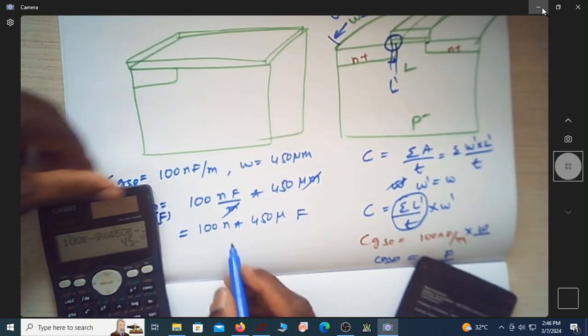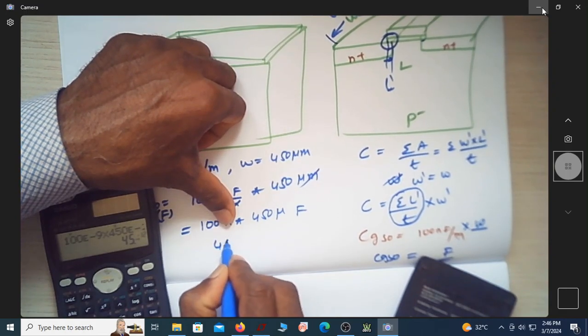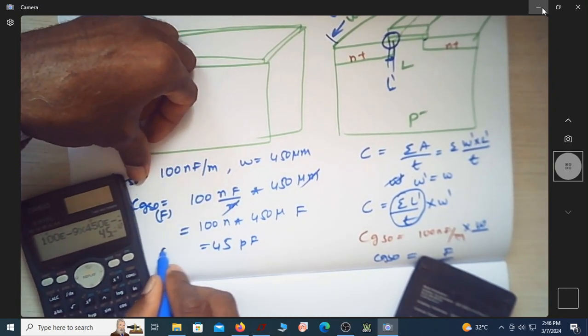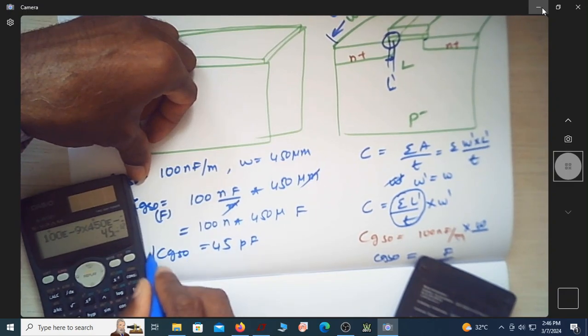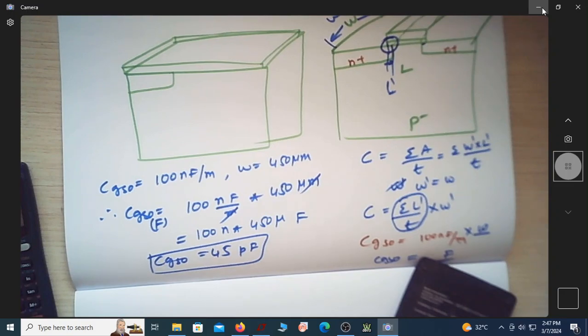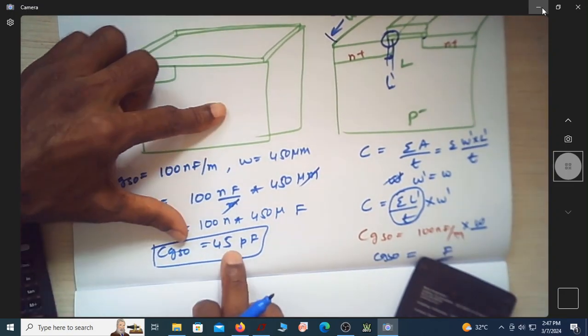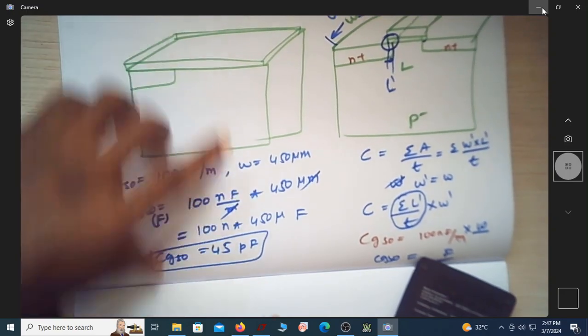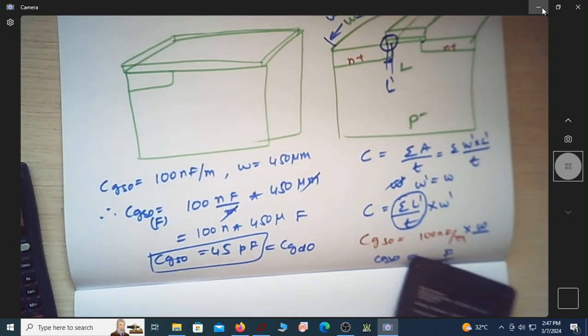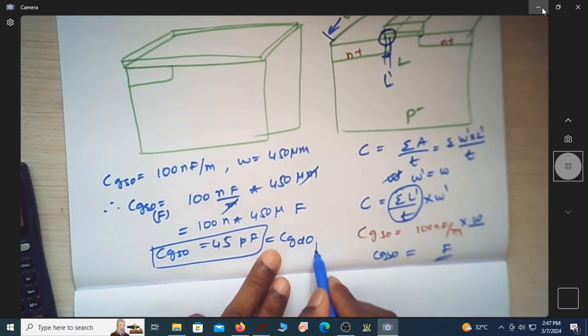So now the capacitance is 45 picofarad, CGSO. You cannot substitute it as 100 nanofarad as the value, it's actually 45 picofarad. Same as CGDO in farad.